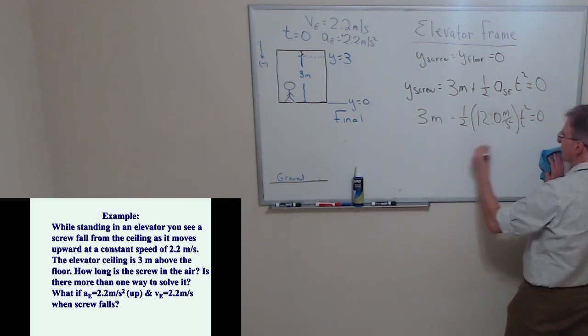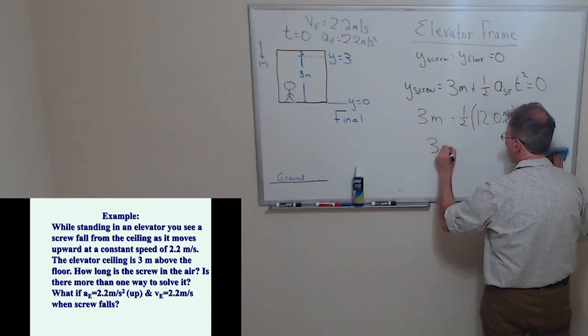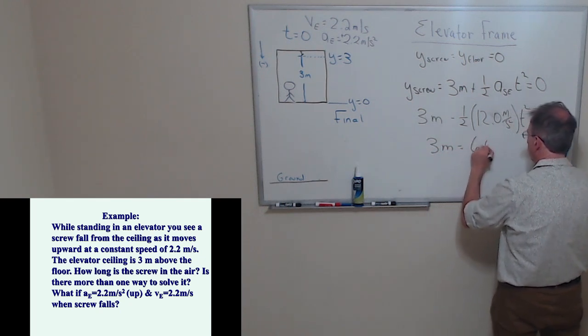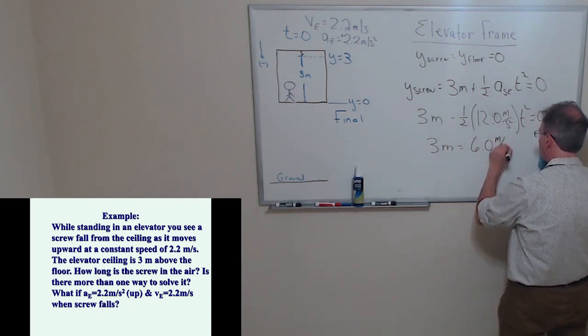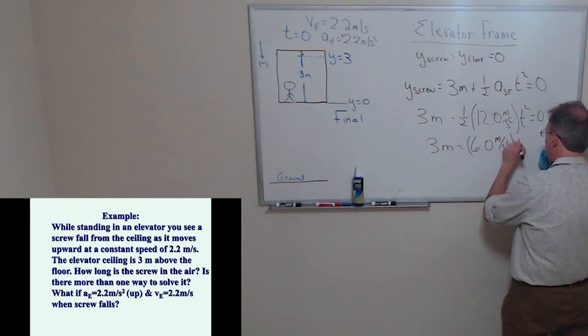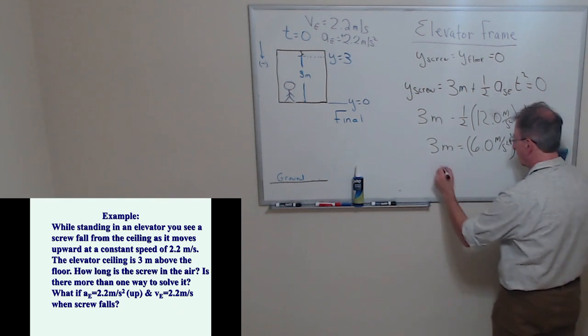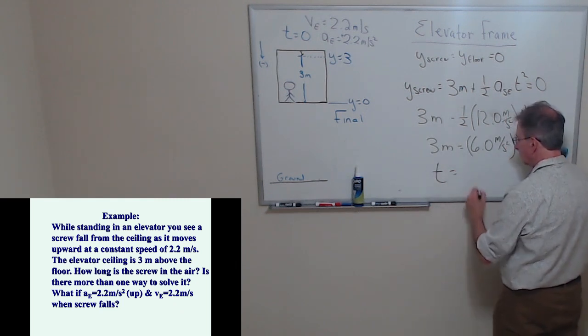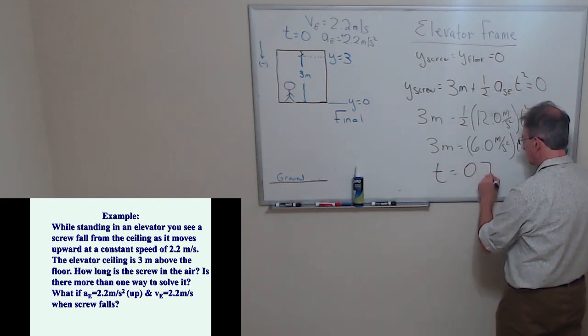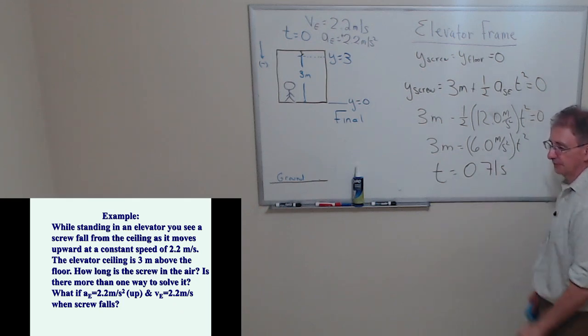I'm going to move this to the other side, and I have the same equation as I had before. So t is going to be 0.71 seconds, as we saw before.